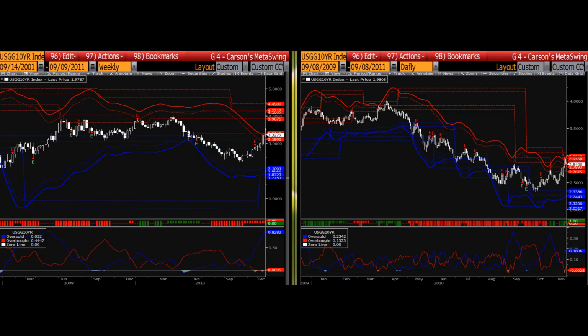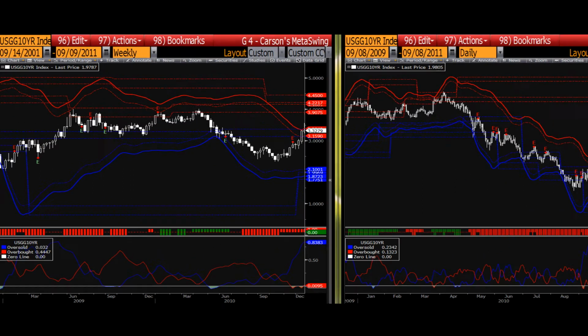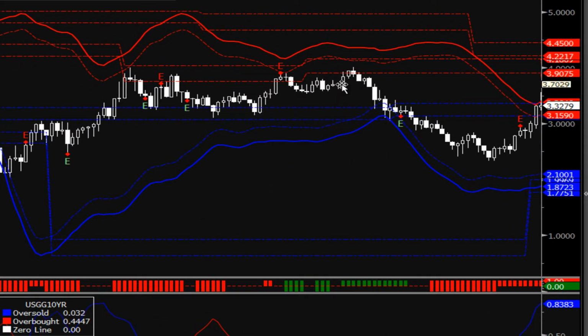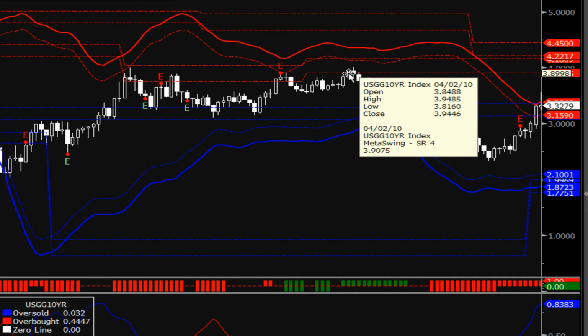In this example, we're going to look at rates, and we're going to specifically look at the weekly and daily time frame for the U.S. government 10-year yields. Let's say in April of 2010, you have the view that rates are going to fall.